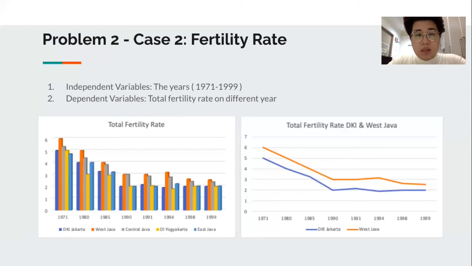If we take the data from 1971, the local maximum is the data from DKI Jakarta to West Java, which means that there is an increase in population, and the local minimum is from Yogyakarta to East Java, which means there is a decrease in population.